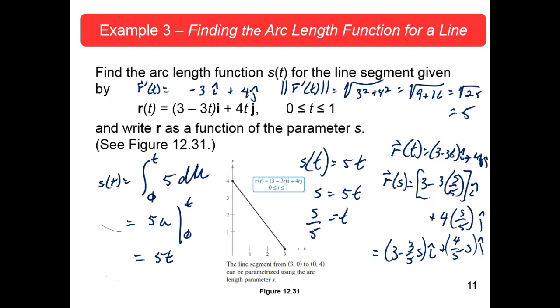Now, the one thing we didn't do was the limits on the parameter. Since t is going from 0 to 1, s is going from 0 to 5. So 0 is less than or equal to s less than or equal to 5. For a linear function like that, it's pretty straightforward and fairly simple. Everything pretty much taken care of there.